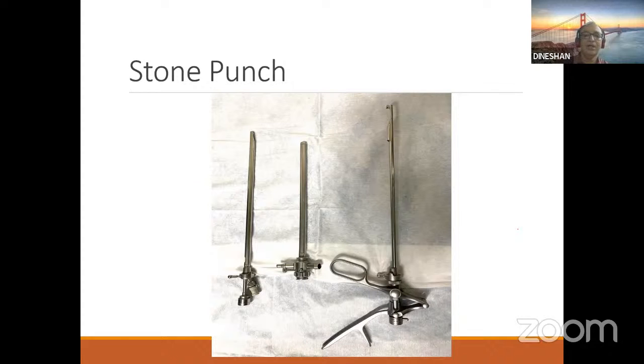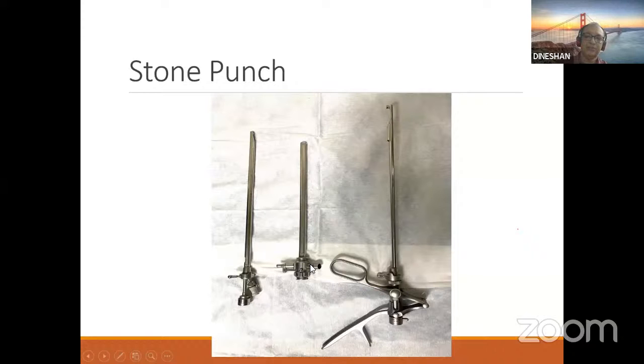And here also the tip is sharp, so whenever you introduce this, you need a visual operator. This is the sheath, and this is the visual operator.